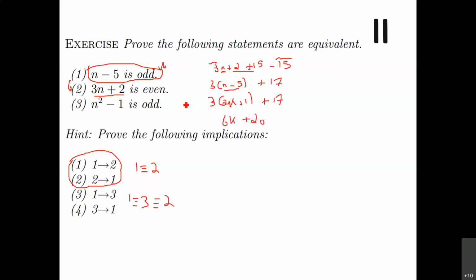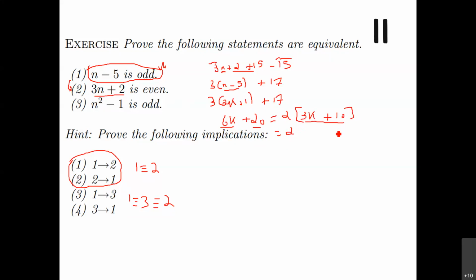It's important to always remember your goal, which is you're trying to prove that this is even. So you want it of the form 2 times something. Since you have 6 times k and you have 20 here, it's pretty easy to do. Just take 2 common. You're left with 3k plus 10.